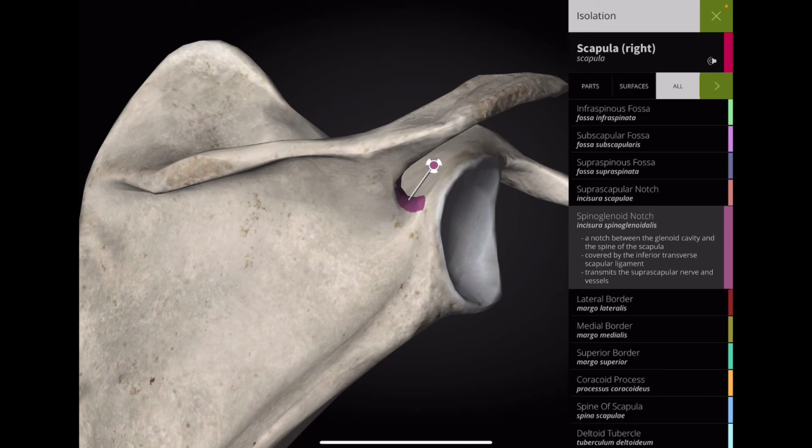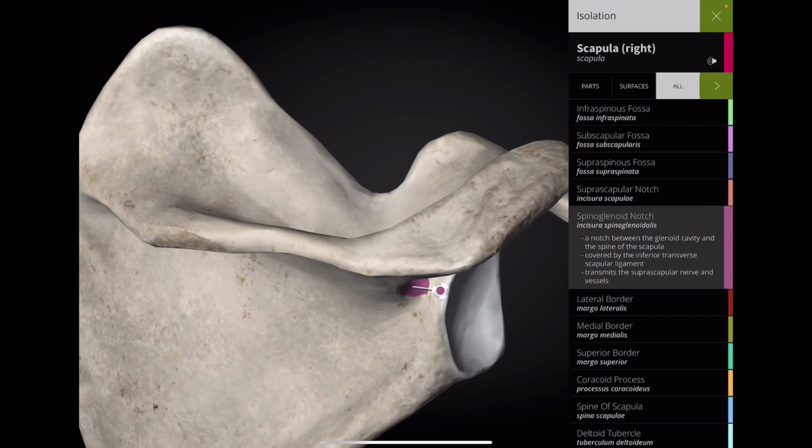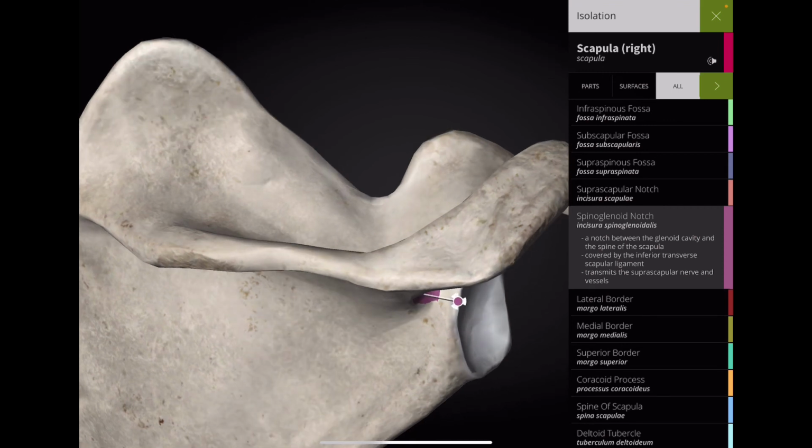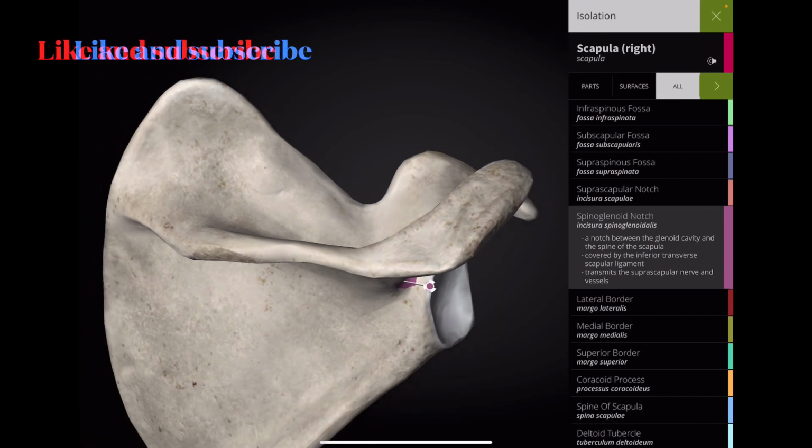So you find the suprascapular nerve, the suprascapular artery, as well as the vein. So that will be the difference between the suprascapular notch and spinoglenoid notch. All three structures pass underneath the ligament, while on the suprascapular notch, you get the nerve passing underneath the ligament and the artery and the vein passing above the ligament.